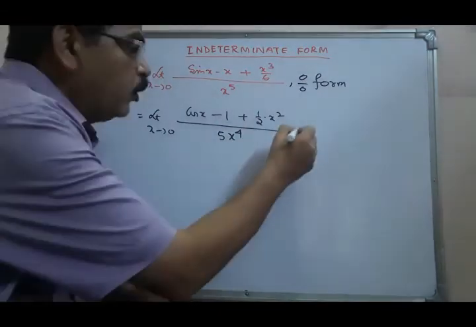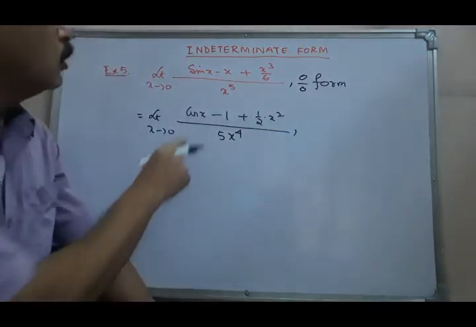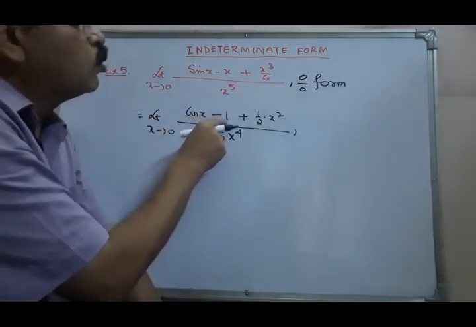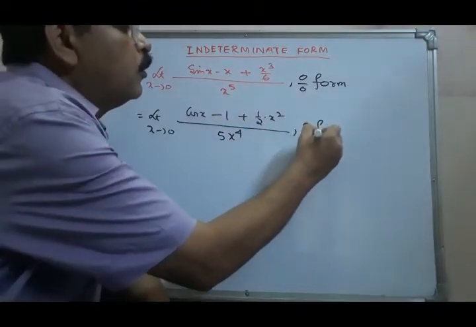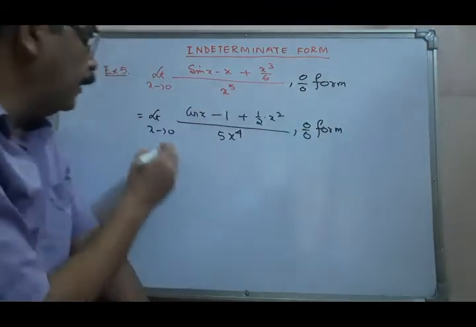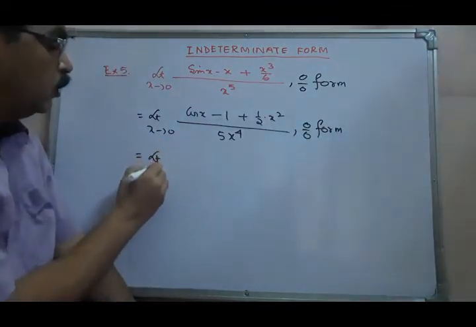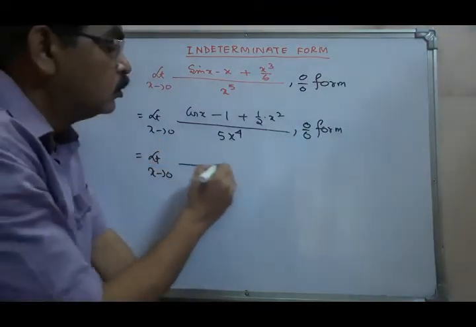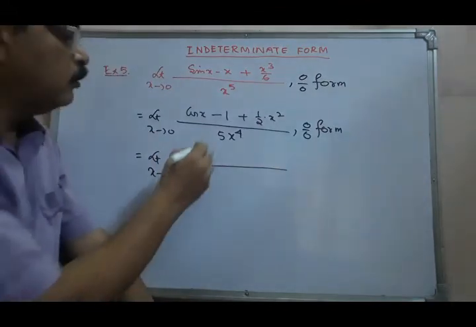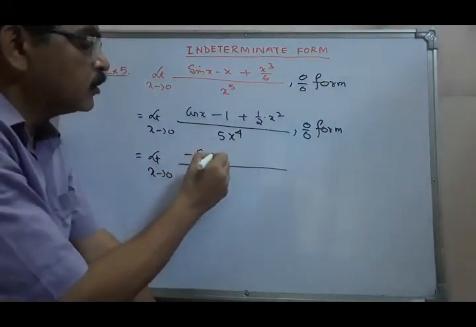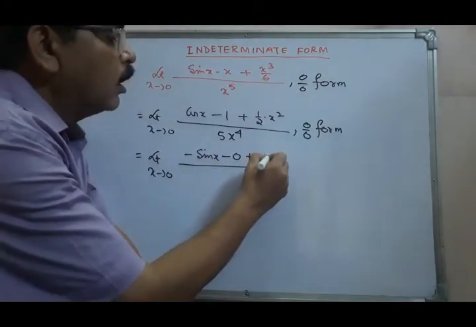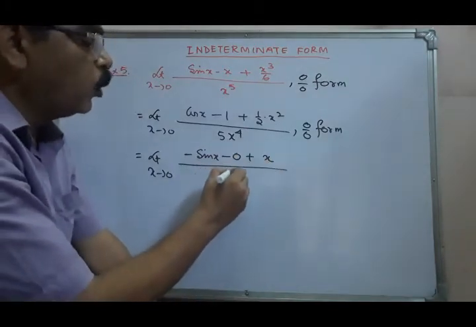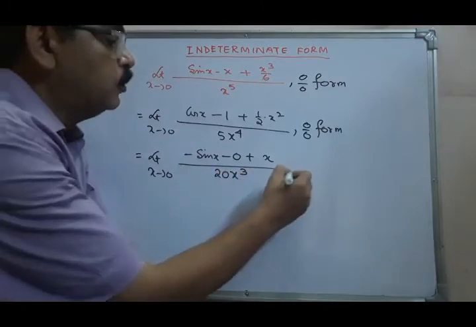Let us check again whether it is coming 0 by 0 form or not. Cos 0 is 1, 1 minus 1 is 0, 0 plus 0, 0 by 0 form. So 0 by 0 form came again. So therefore we are going to apply L'Hospital rule. So after applying, derivative of numerator, minus sin x plus x divided by 20x^3.